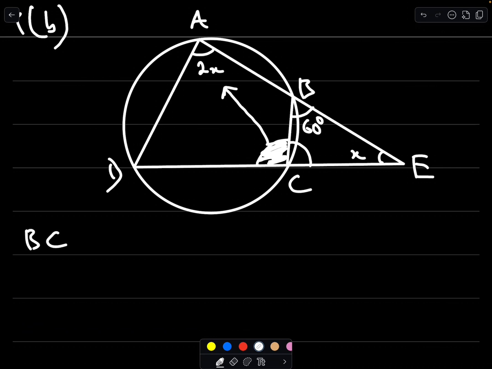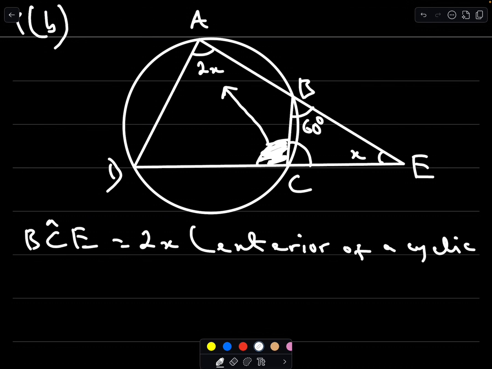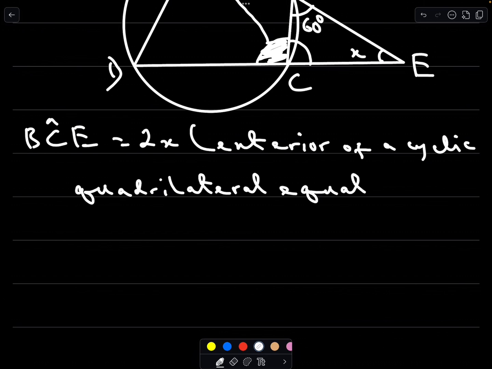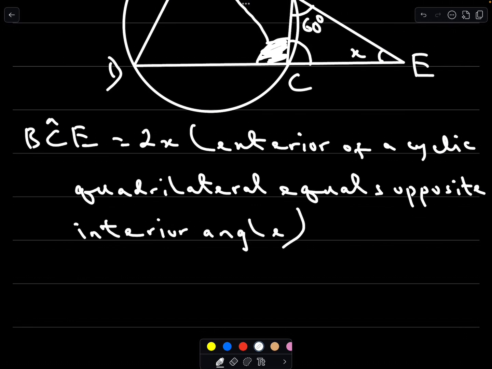So I can say angle BCE equals 2x. The reason: exterior angle of a cyclic quadrilateral equals opposite interior angle.